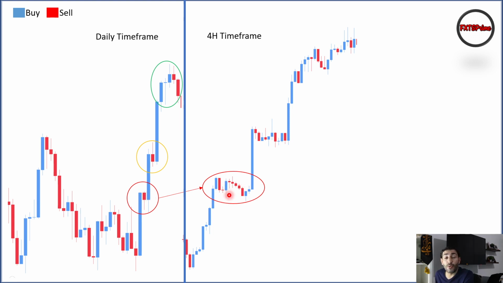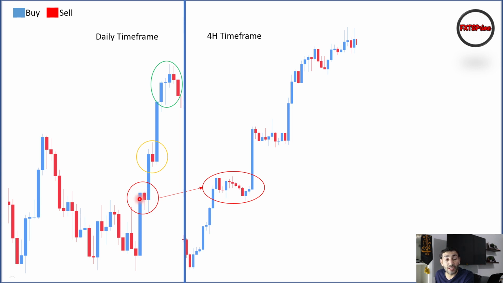Basically, the lower time frame will give me the best entry because it has more candles. If I look at the 1-day time frame, I will not be able to enter here simply because the candlestick closure is a big candle. I need to wait a long time to find the closure of the daily candle, and based on that I need to place my trade.